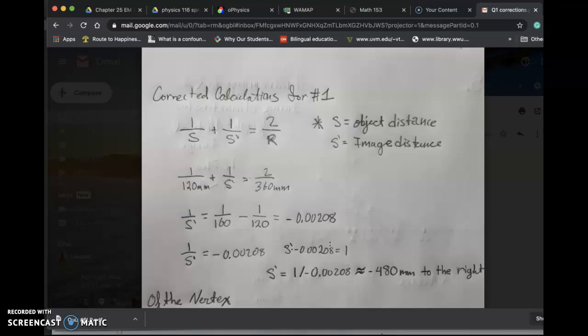Also, 360 and 120 is 480. So another way to think about it is that the distance is relative to the radius of curvature plus the focal length. Oh no, the length between the vertex and the object in relative terms.